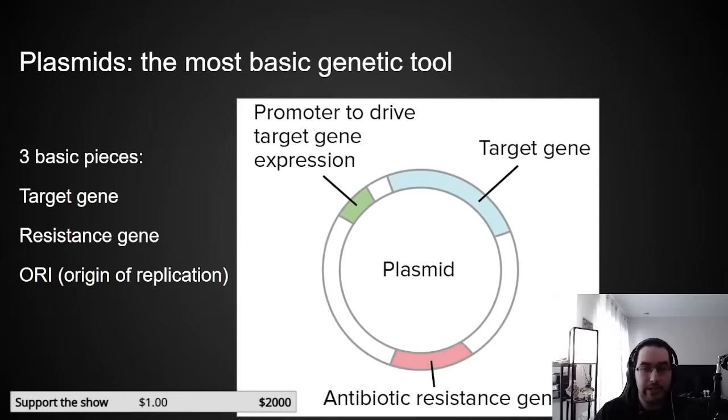When you put the DNA into the thing that you want to put it into, you've got to be able to select for which cells this actually worked, because biology is a game of statistics, right? So if you're modifying a batch of E. coli, there are billions of cells, or at the very least, millions upon millions of cells in your little tube.